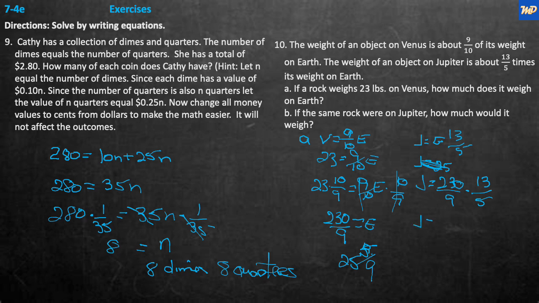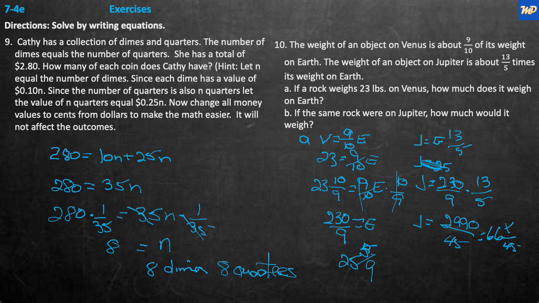So the weight on Jupiter is going to be 230 times 13, which is 2990, divided by 9 times 5, which is 45. Okay, so if we take 45 into 2990, you're going to have 66 and some value x over 45.